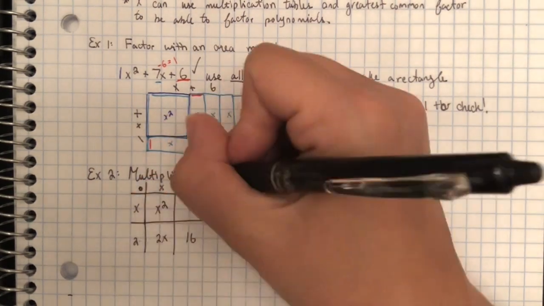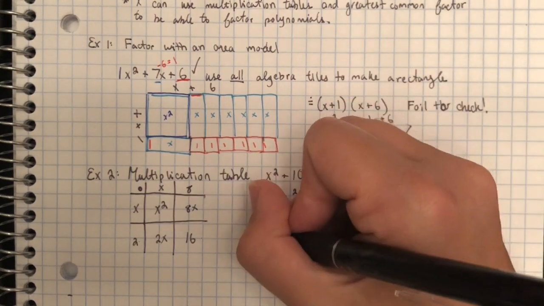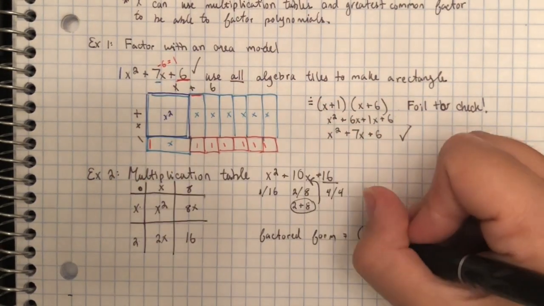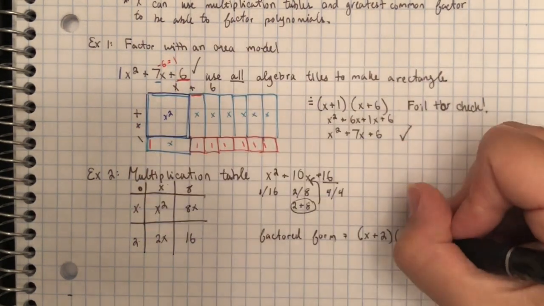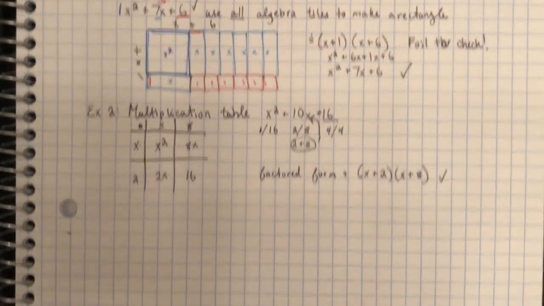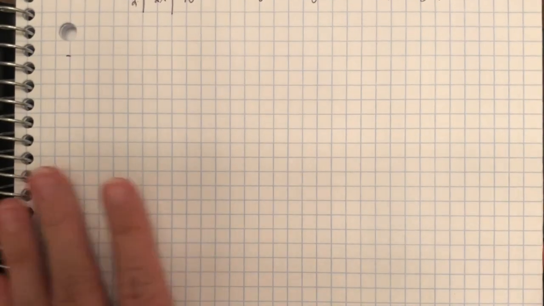So I'm going to choose 2 and 8, plug them in to the outside of my multiplication table. And then again, the sides of my multiplication table, x plus 2 and x plus 8, are going to be my factored form. And again, using FOIL, I can go through and confirm that I did that correctly.